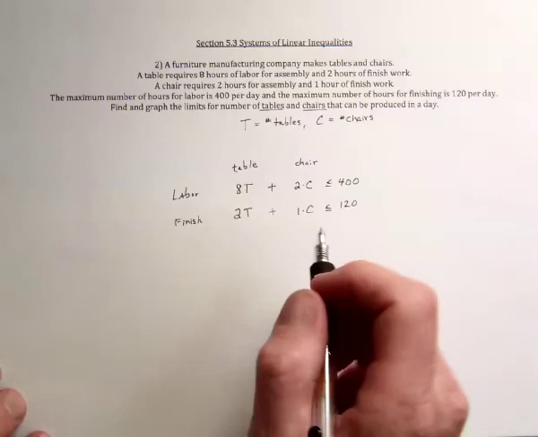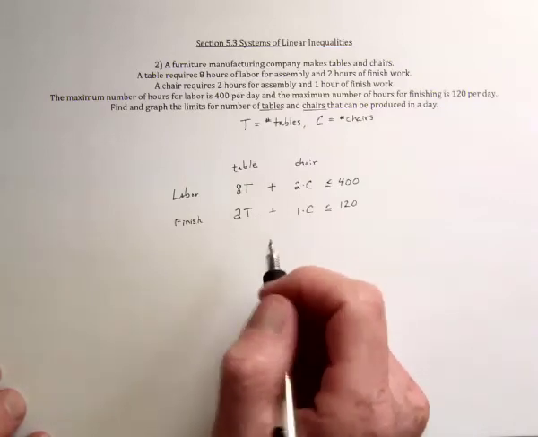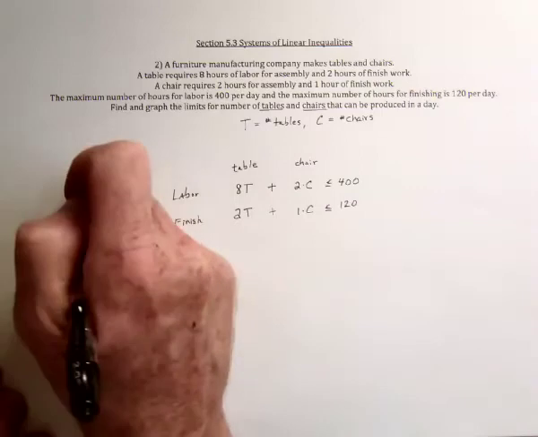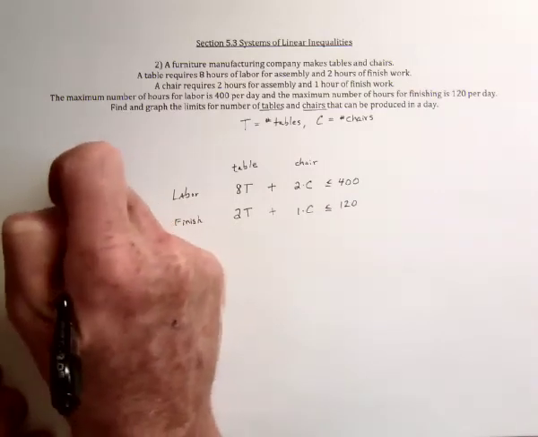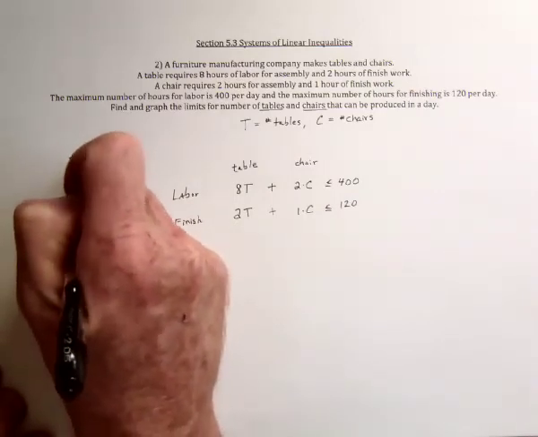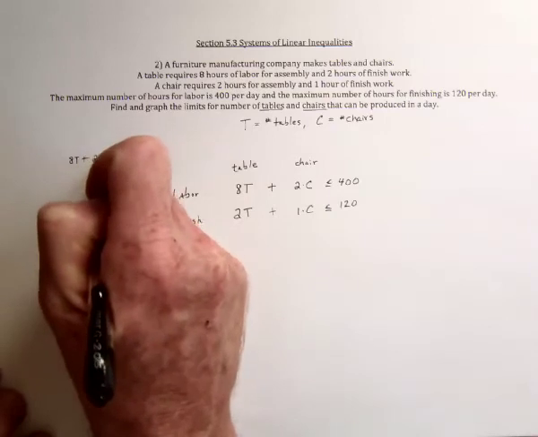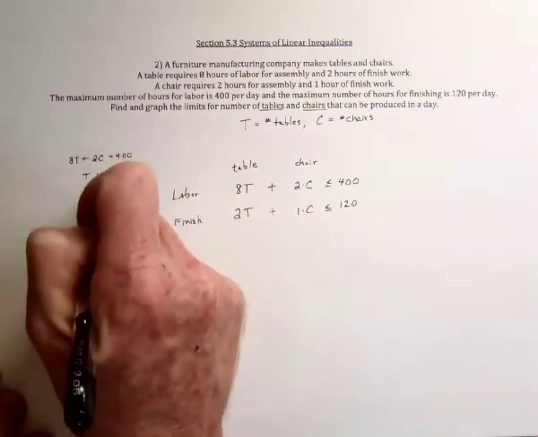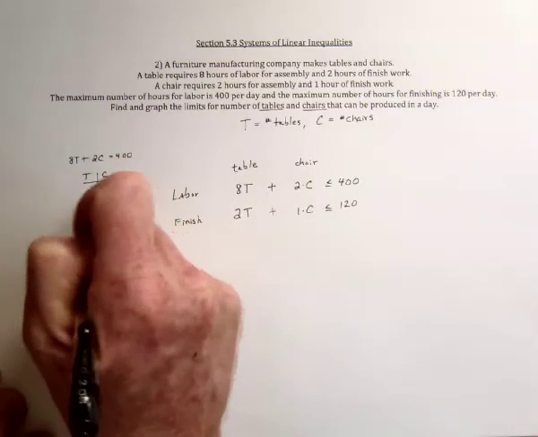And now we've got a system of linear inequalities in 2 variables. And so I need to be able to graph these. I'll need a table of values for each one. So over here on the side I can say, well, if I've got 8t plus 2c equal to 400, then I can make a little table of values.